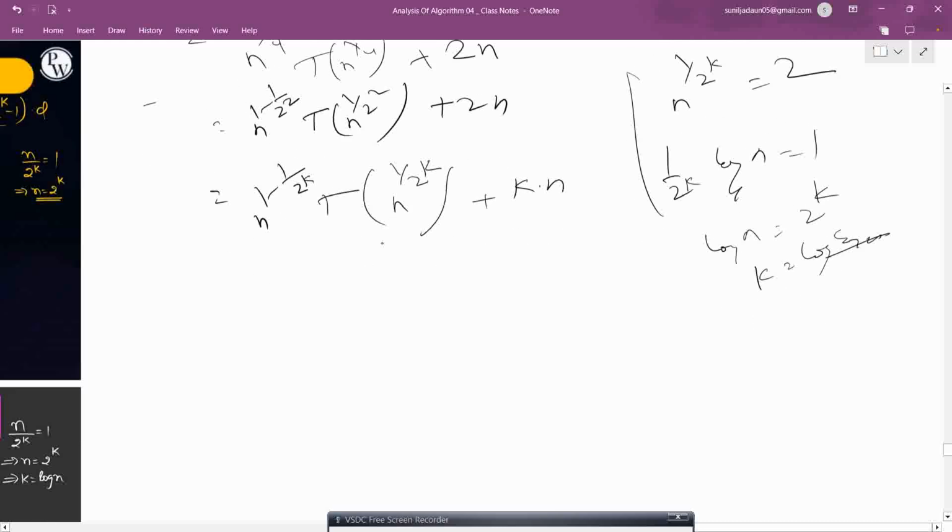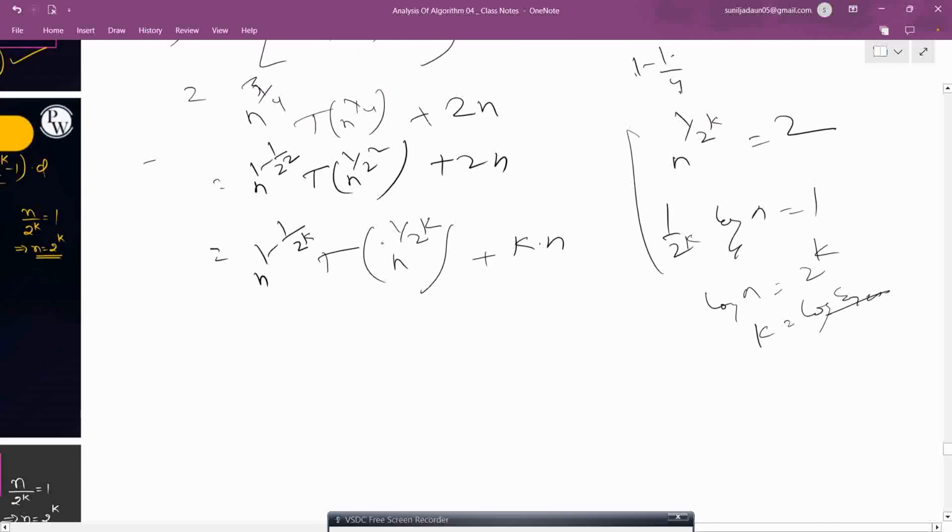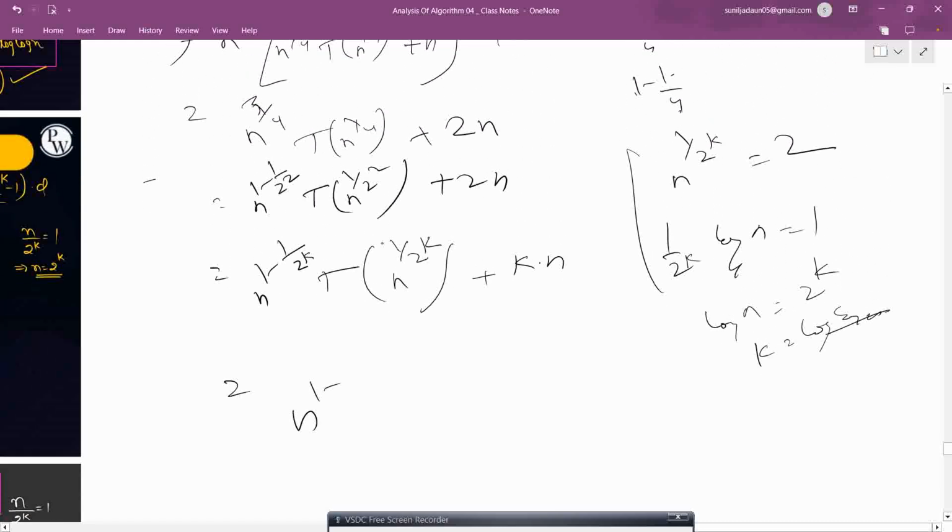So what would we do here? 1 minus 1 over log log n, log n, right, plus k n dot log n, right.